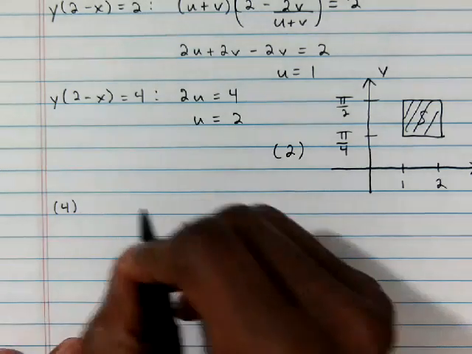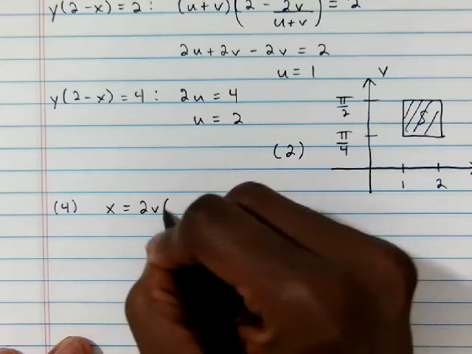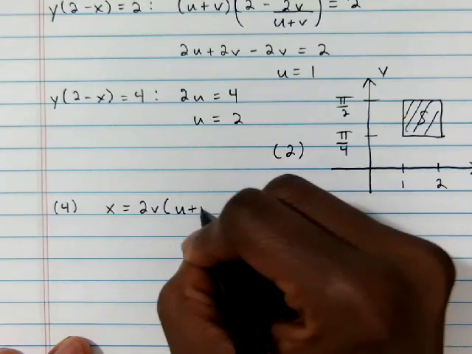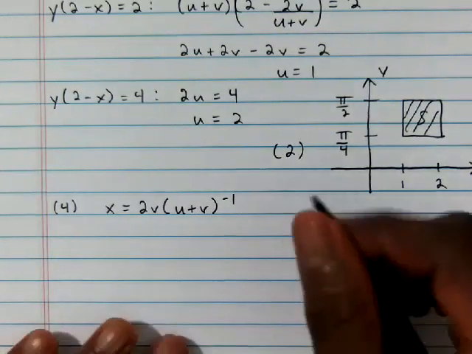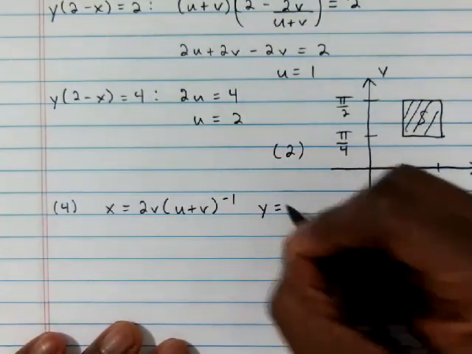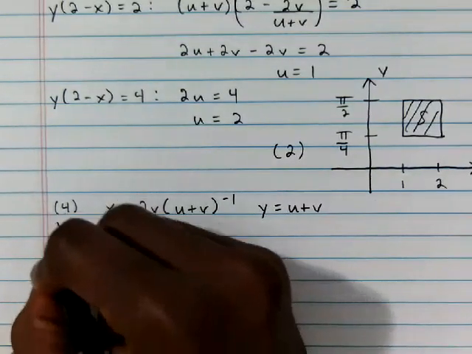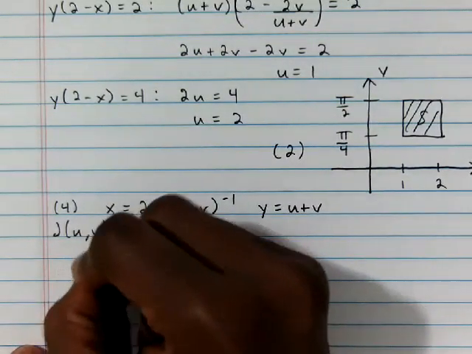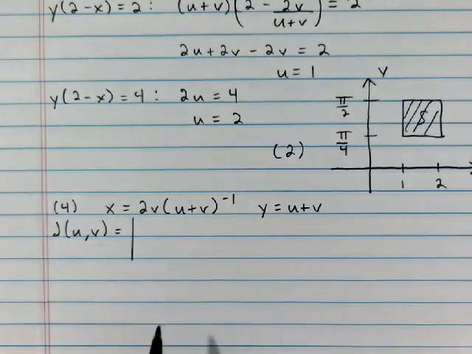So I'm going to rewrite x. So x is equal to 2v times u plus v to the negative 1. And since we can't see y, I'll just rewrite that as well. So y equals u plus v. So now the Jacobian, j of uv, the determinant of, so what are we going to have here?